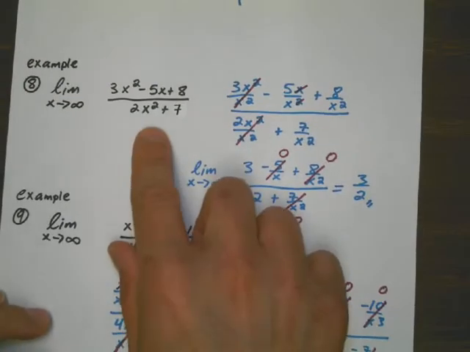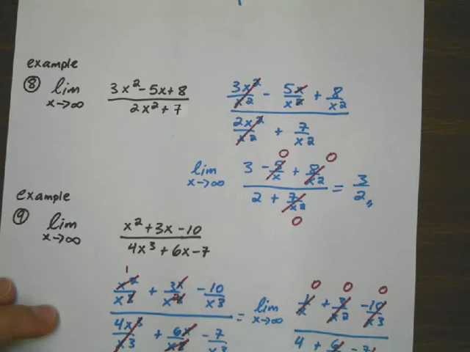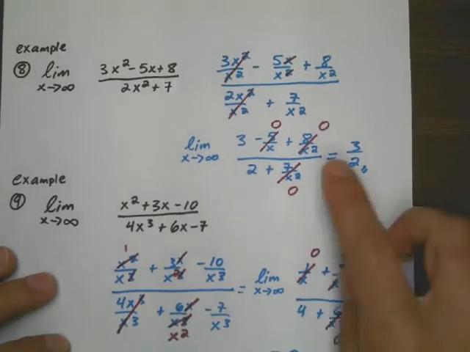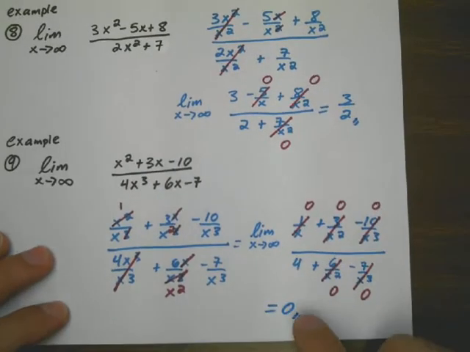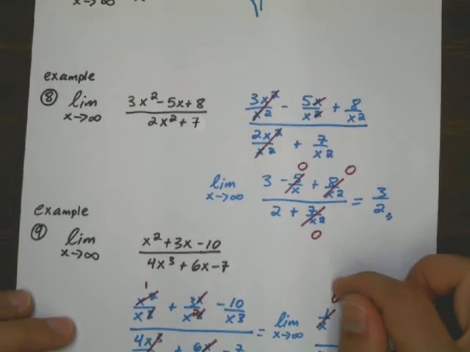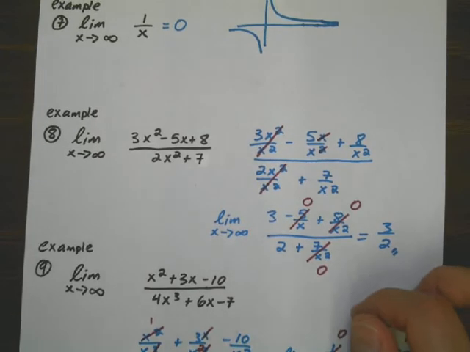There are 3 instances you could get. You could get an actual number, like we did over here. You could get 0, or you could also get infinity. In class we'll be discussing what would be needed for you to get infinity as you take a limit going to infinity.